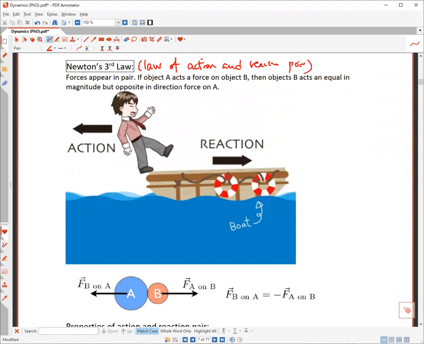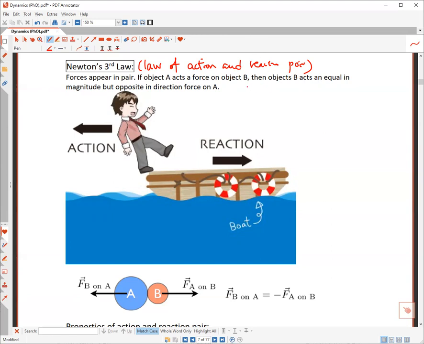So in this law, it says that the forces appear in pairs. If object A exerts a force on object B, then object B will exert an equal in magnitude but opposite force on object A. So that means all the forces are in pairs.